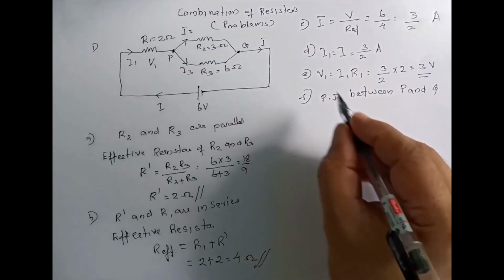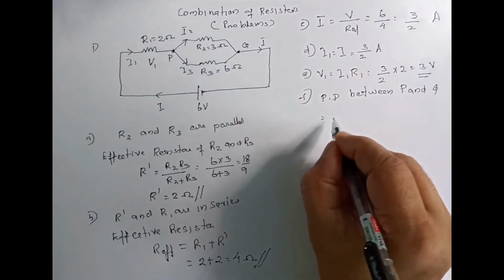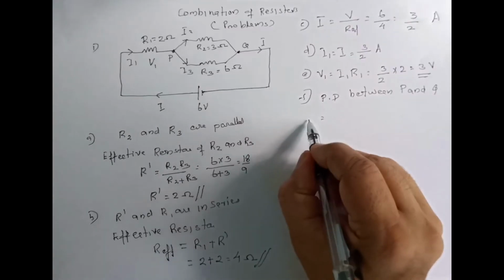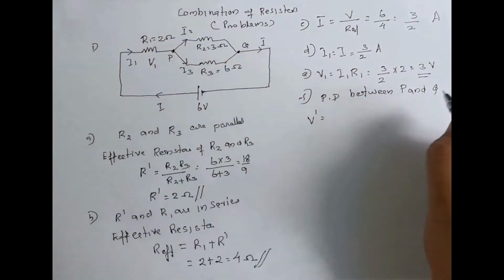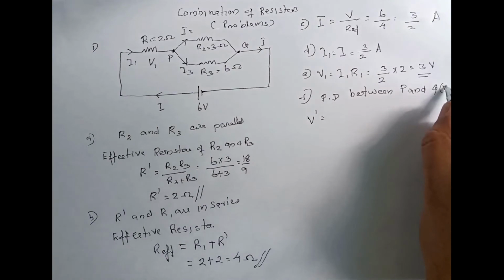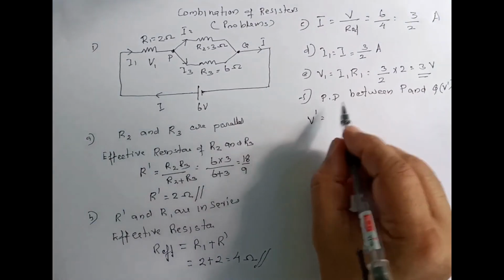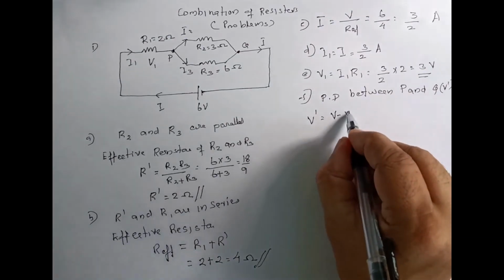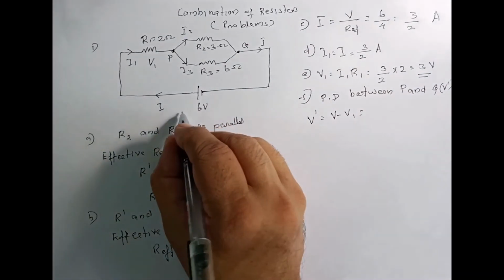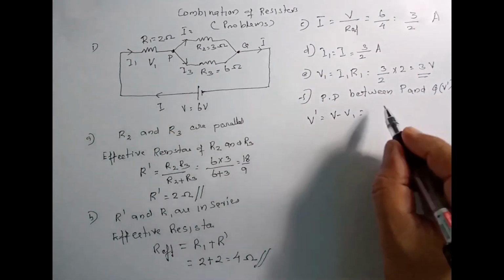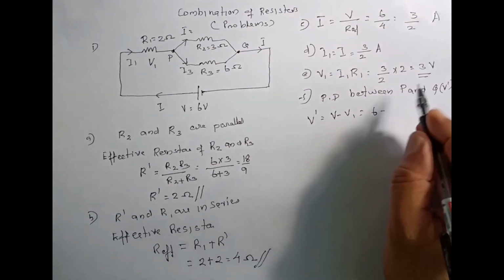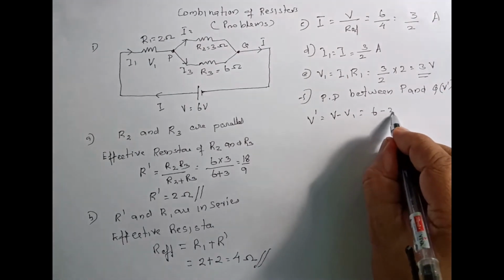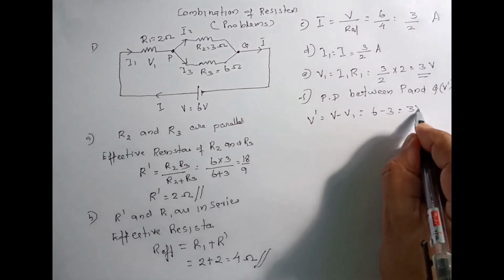We can call this V dash, that is equal to V minus V1. V is 6 volt, minus V1 is 3 volt, that is equal to 3 volt.